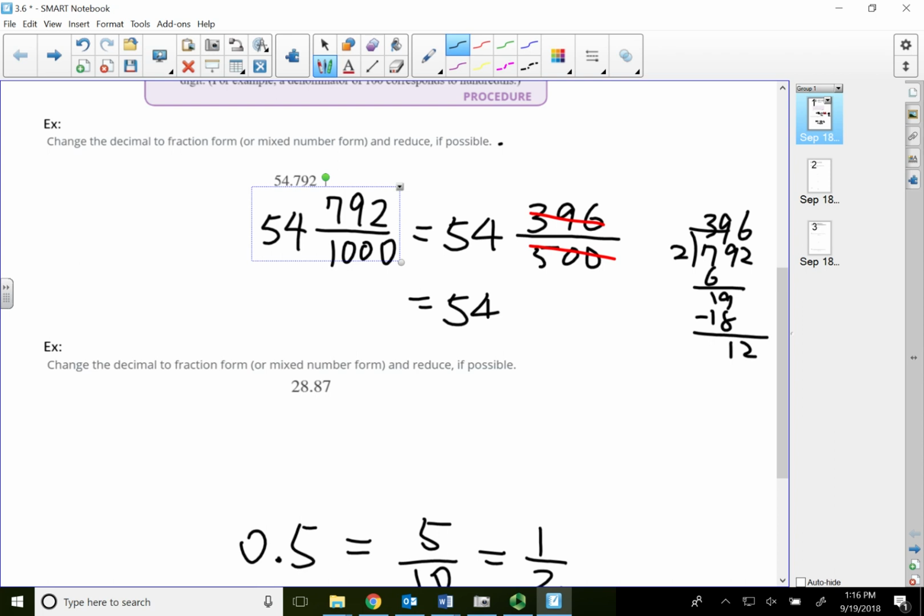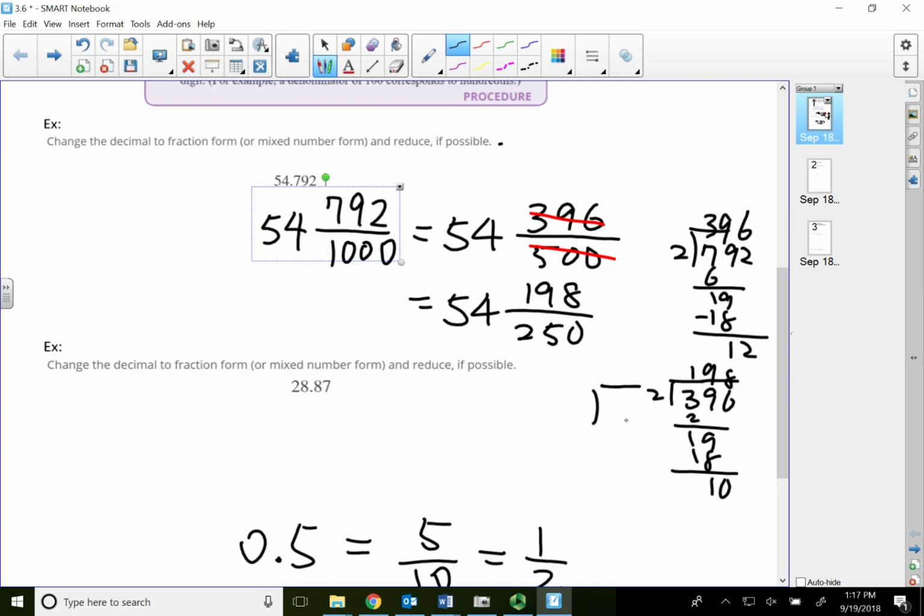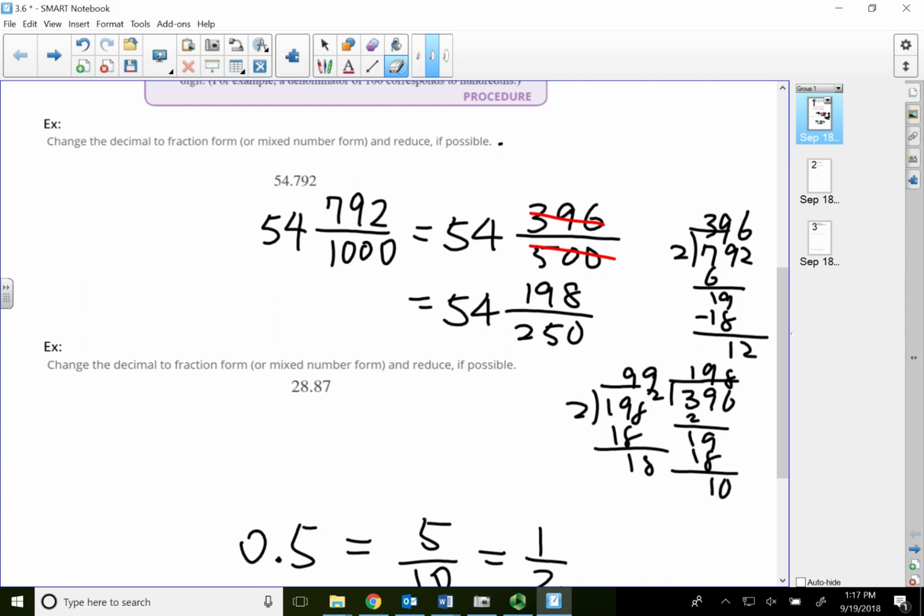So that's 198 over 250. Reduce it again by 2. 198 divided by 2 is 99.